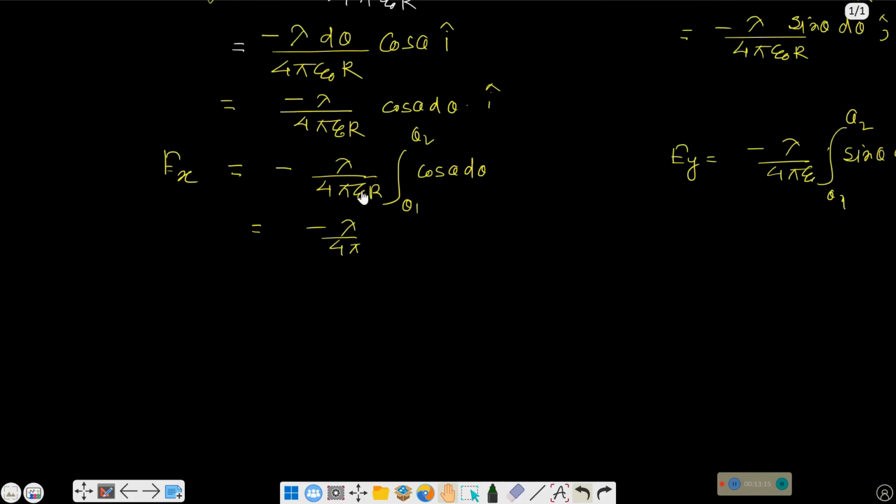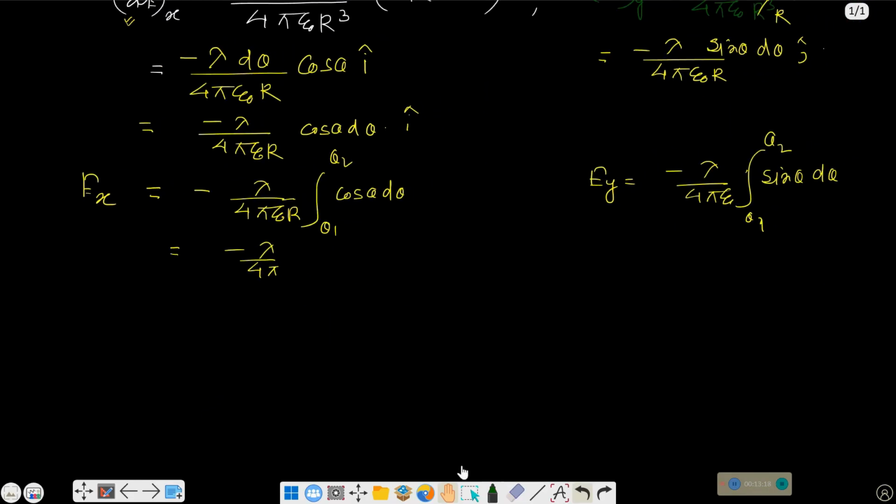So with this, if we put the values of theta 1 and theta 2 in the integration formula, we will get the x component and y component of the electric field. The integration of cos theta d theta is sine theta, from theta 1 to theta 2, with the negative sign.